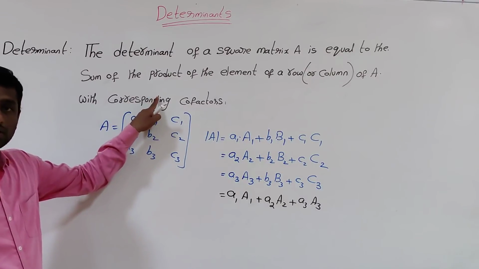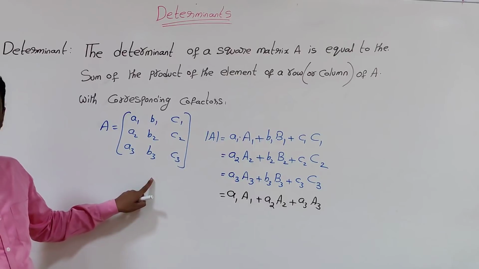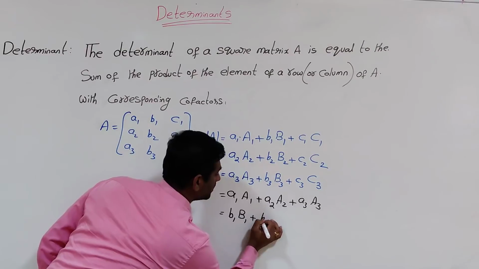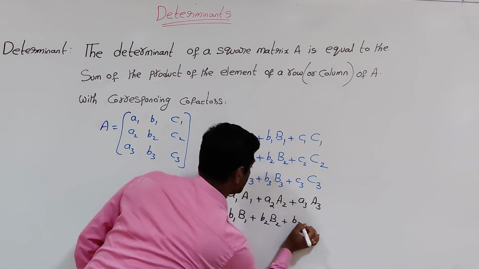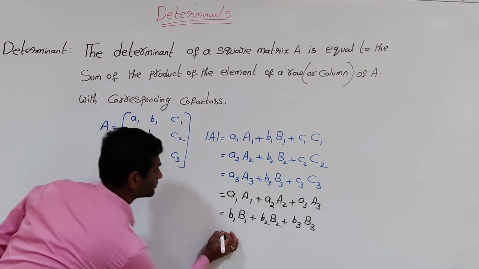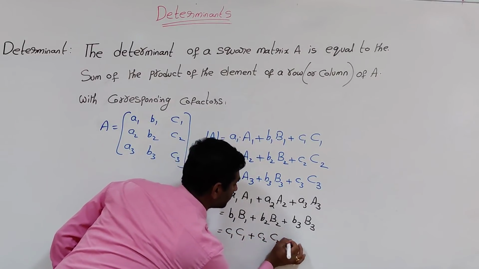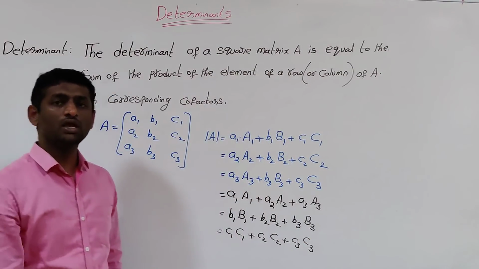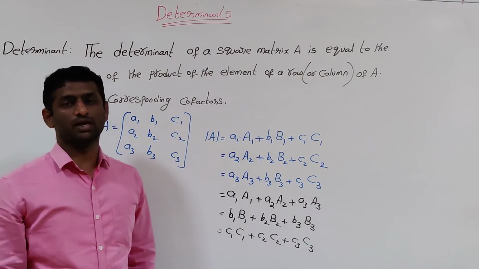We can also find the determinant by using the expansion along the second column: B1 into capital B1 plus B2 into capital B2 plus B3 into capital B3. Or we can use the third column: C1 into capital C1 plus C2 into capital C2 plus C3 into capital C3. So we can use any one of the rows or columns to find the determinant of a square matrix.